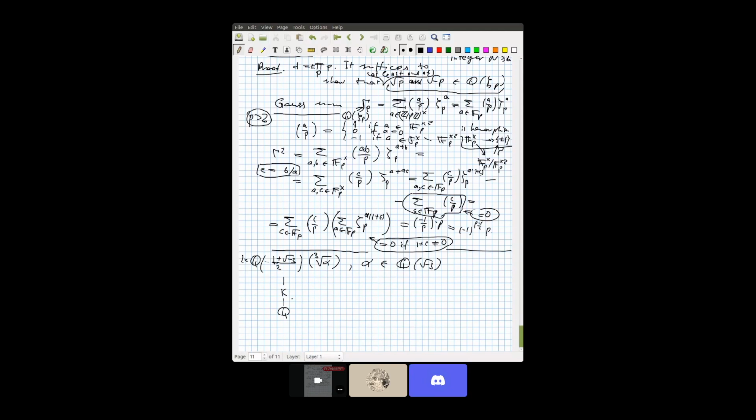We want this extension to be Z mod 3, and you see that this is also a Galois extension of, maybe, degree 3. So this is again a cyclic extension of degree 3.